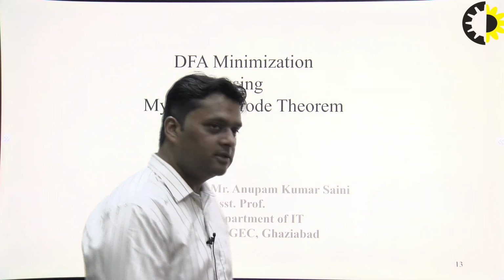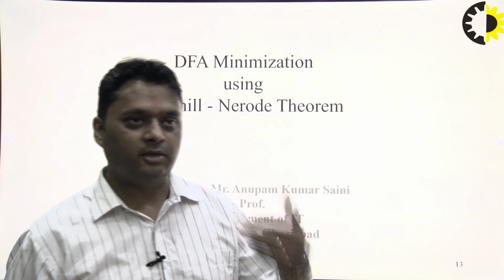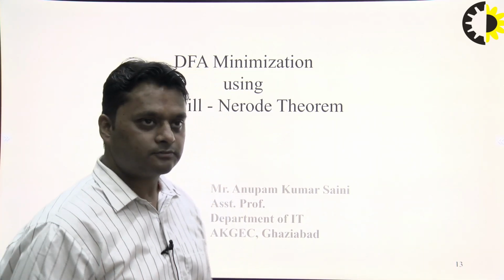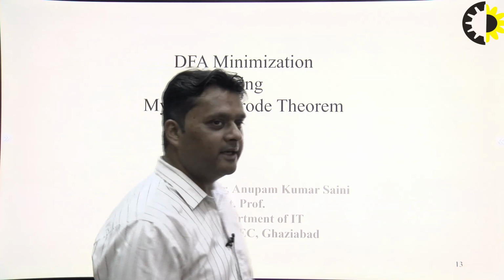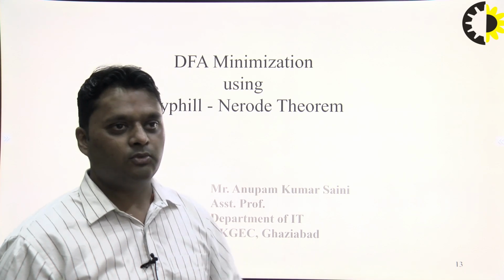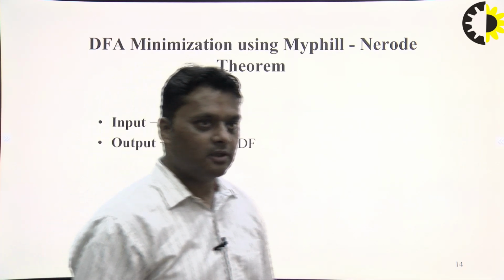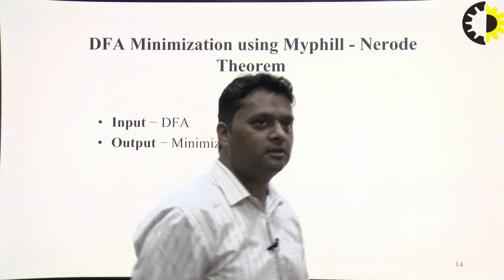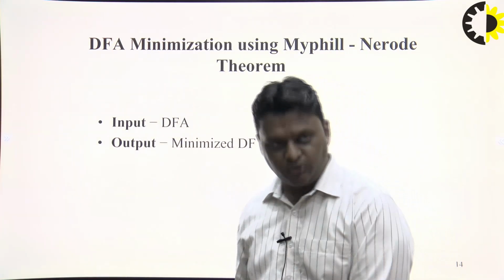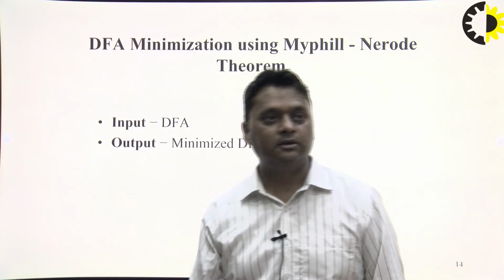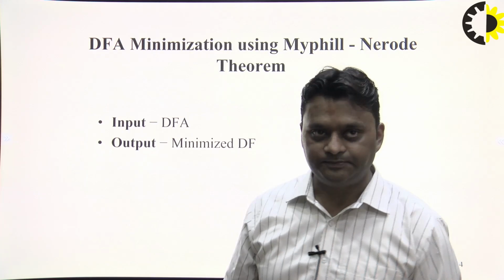In this method, we design a table for every pair of states and fill the entries in that table with the help of the DFA provided. For this minimization method, the input is a DFA and as output we get a minimized DFA.